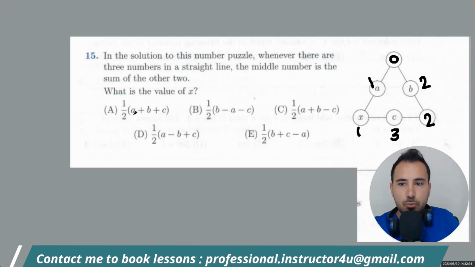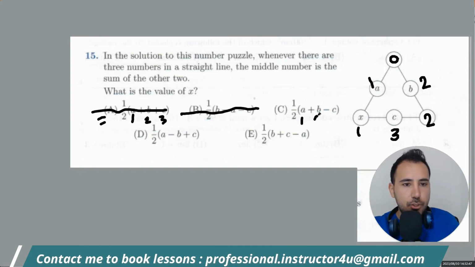So if A is 1, plus B is 2, plus 3, 1 plus 2 plus 3 is 6, divided by 2 will be 3, but we know X is 1, so A, goodbye. So B is 2 minus D will be negative, goodbye. So now this one, A is 1, B is 2, minus 3 will be 0. So C will be 0, but we know X is supposed to be 1.